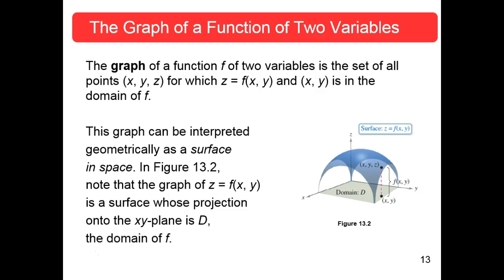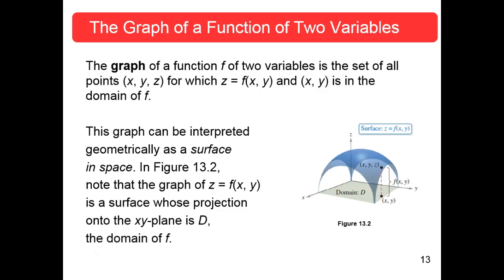The graph of a function of two variables is the set of all points x, y, z, with x and y independent and z dependent, for which z is equal to f of xy, and xy is in the domain of f.